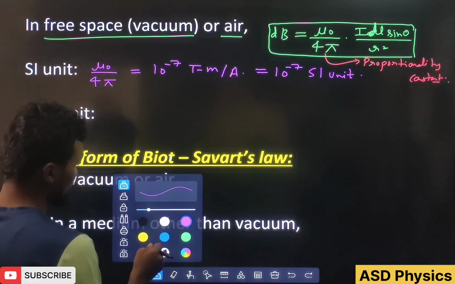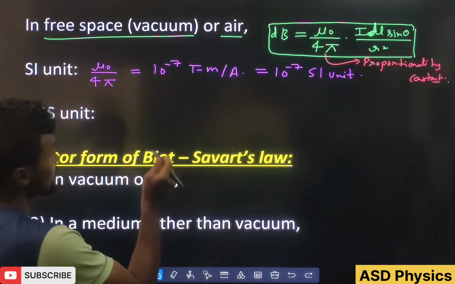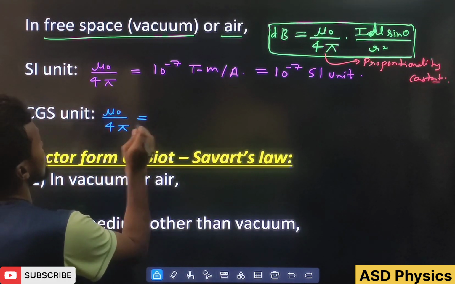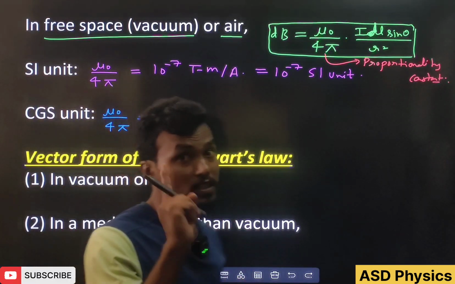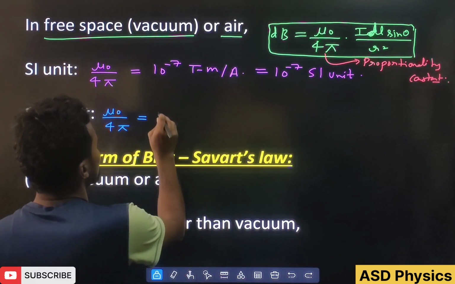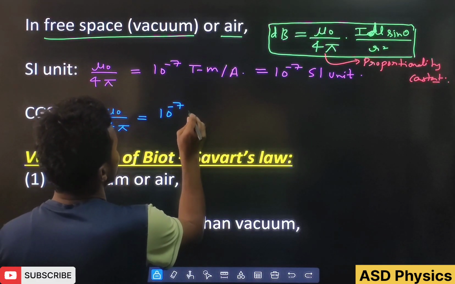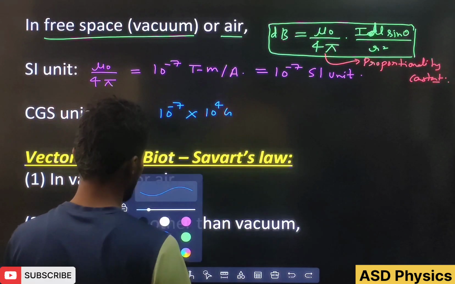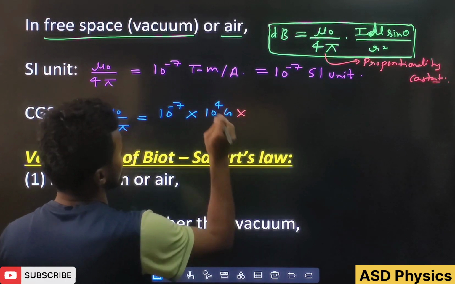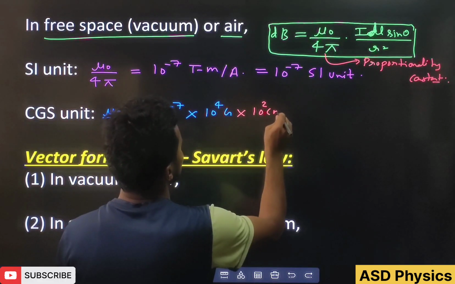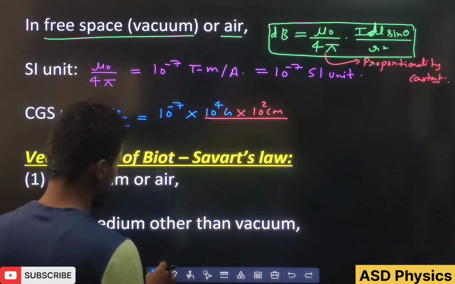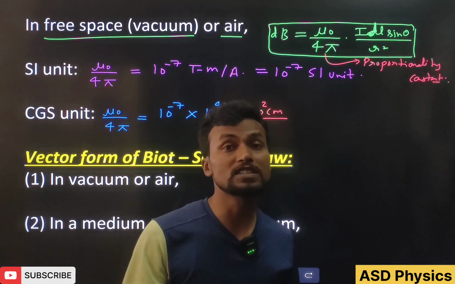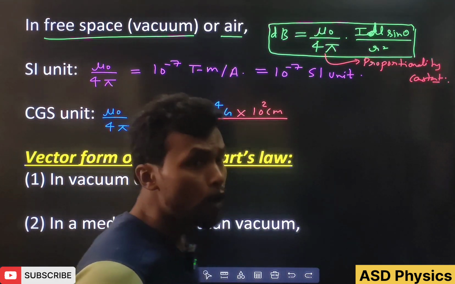Now, very important, in CGS unit, mu naught by 4 pi comes out to be 1 CGS unit. How? 10 to the power minus 7. Tesla means 10 to the power 4 Gauss. Meter means 100 centimeter, so 10 to the power 2 centimeter. By ampere: the SI unit of current is the ampere, but the CGS unit is the Biot, or ab ampere.